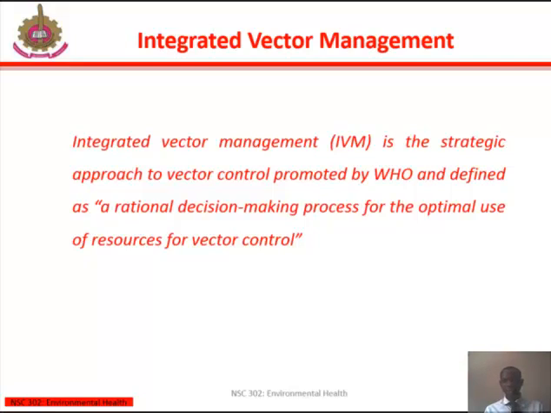In selecting the most appropriate vector control method or combination of methods, consideration should be given to the local ecology and behavior of target species, the resources available for implementation, the cultural context in which control interventions are carried out, and the feasibility of applying them in a timely manner and adequacy of coverage.